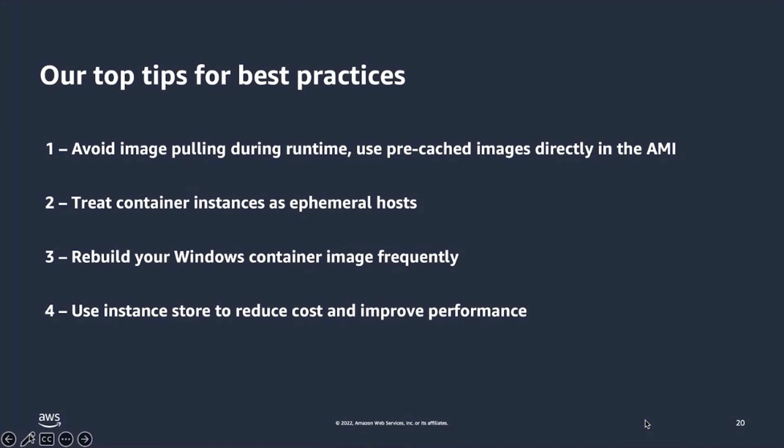So with that, you are not going to be paying Amazon EBS for those temporary container instances, but also you're going to improve performance as Instance Store offers better performance over Amazon EBS.